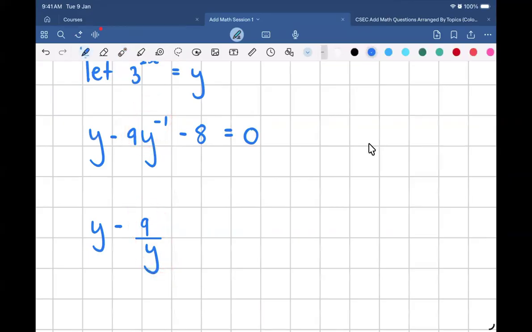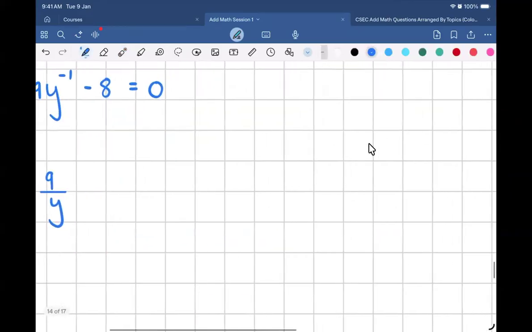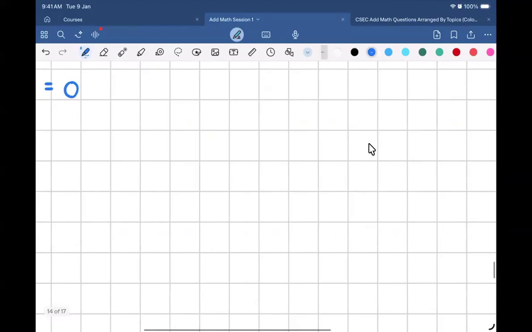Yeah? Okay. So, Serena, let's go back through the concepts of negative powers. First things first, let me just say we had 5 to the power minus 1 all over 1. What you need to understand is, if something was in the numerator and you place it in the denominator, then the sign of the power is going to change.